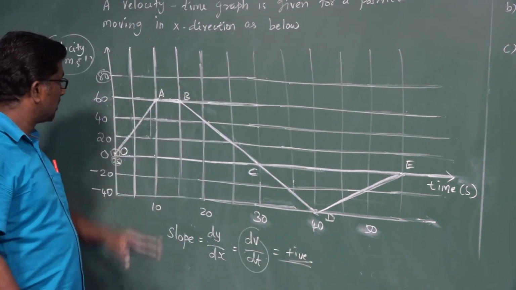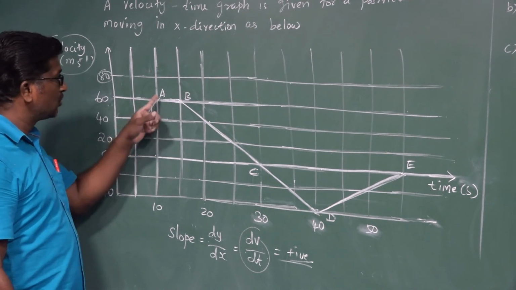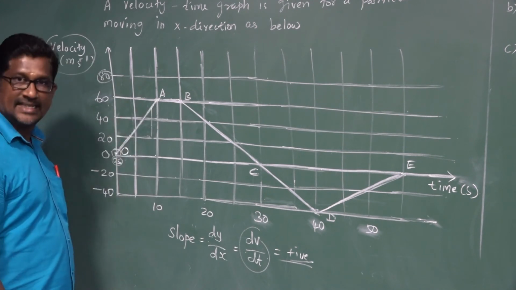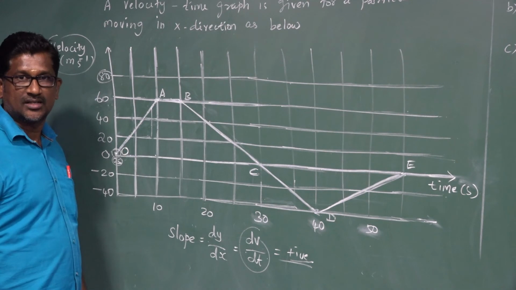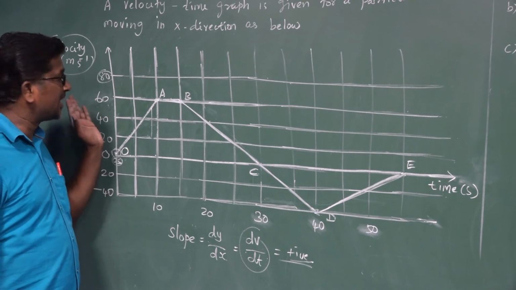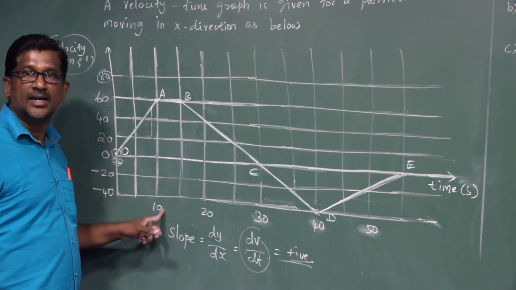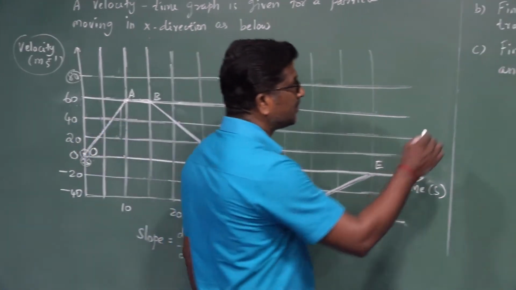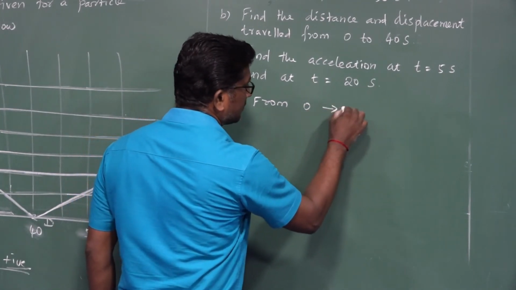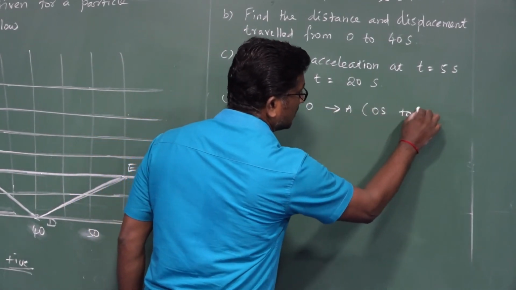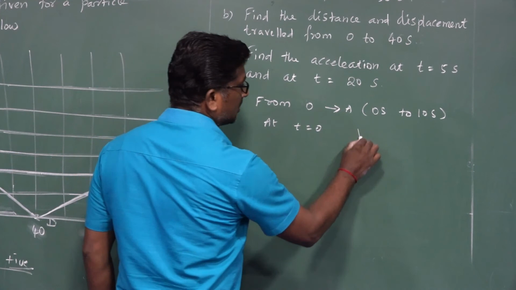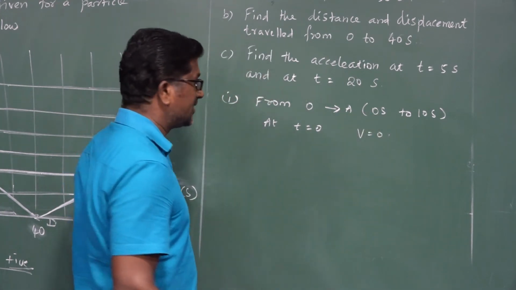From O to A, or from 0 seconds to 10 seconds, the slope value is positive, and the particle velocity increases linearly along the positive x-axis direction and reaches a maximum velocity of 60 meters second power minus 1 at point A, or at 10 seconds. At time t equal to 0, the particle velocity is 0.